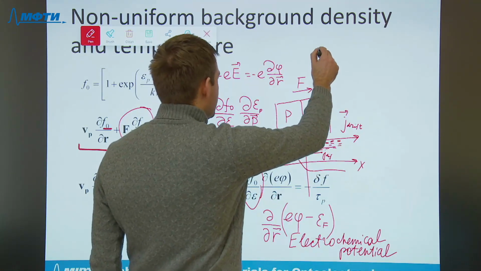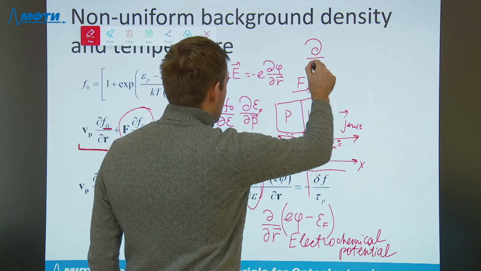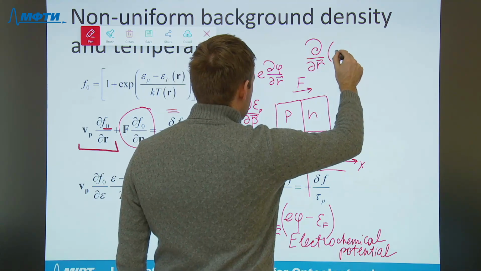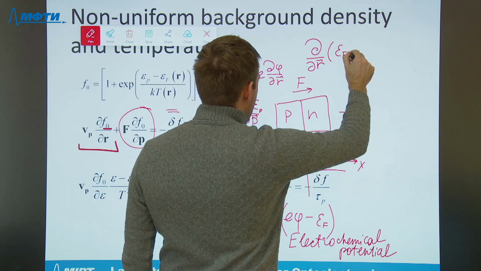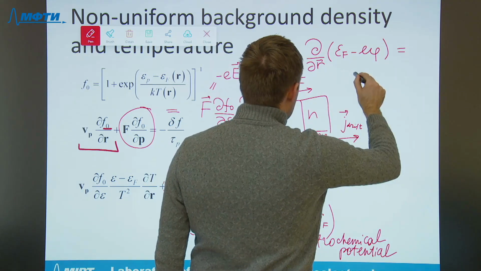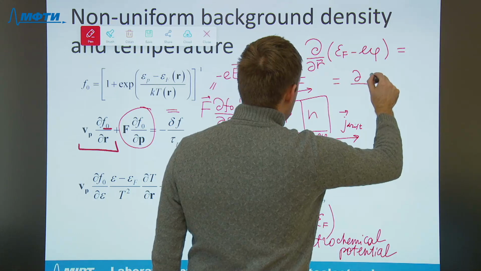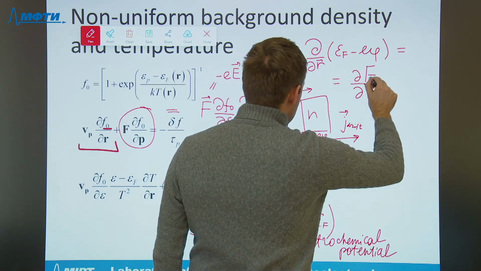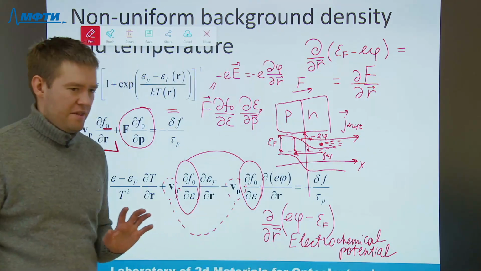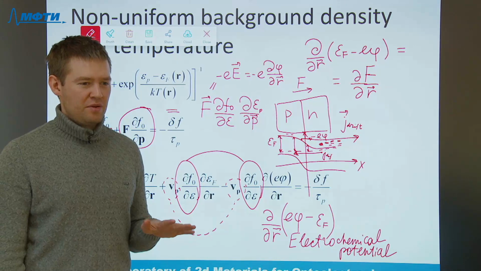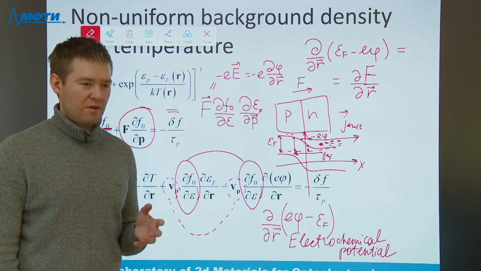The derivative, what occurs under the derivative is Fermi energy minus potential energy, and it is denoted by a letter F, dF with respect to dr. This is, I think, one of the most important knowledge that you should take out of the course.